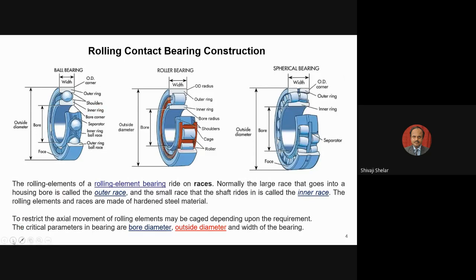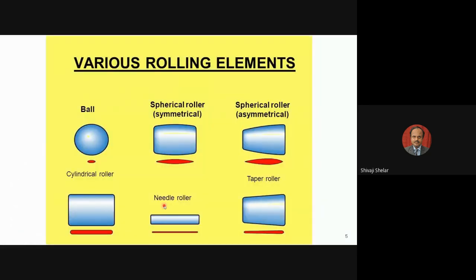Let's go to the next slide. I have talked about various types of rolling elements. In that previous diagram, I have shown only three types of rollers. You are mostly familiar with the ball bearing, that is a spherical bearing. Then you are also familiar to some extent with the cylindrical roller bearing.